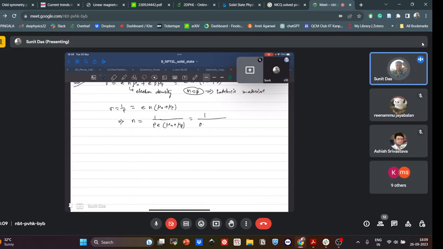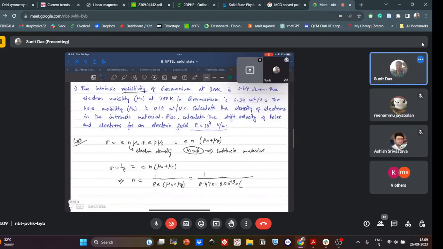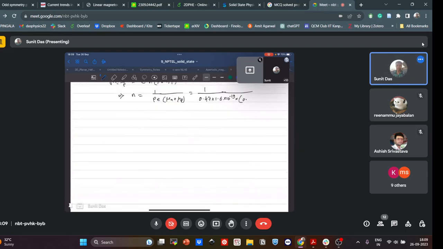Rho is 0.47, e is the electronic charge, and the mobilities are given as 0.39 and 0.19. So if we take all in SI units, this will be around 2.293 into 10 to the power 19 per meter cube. So this is the first answer.